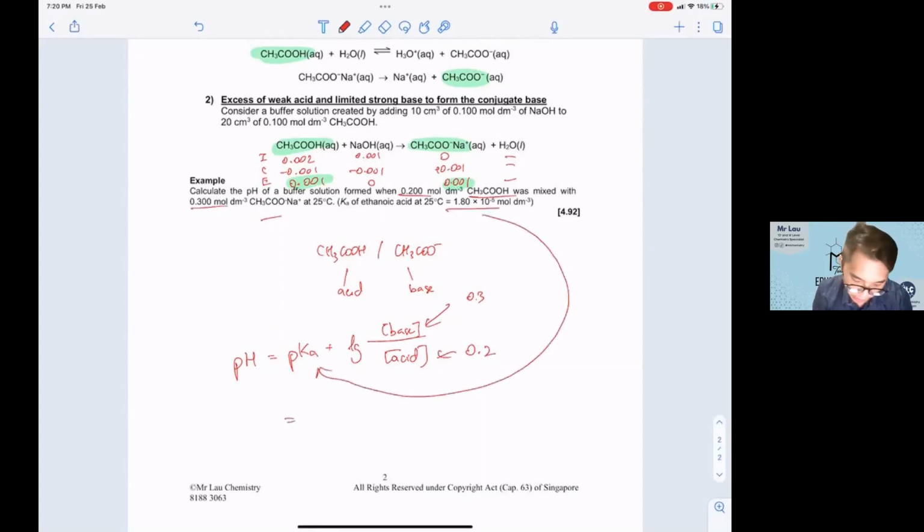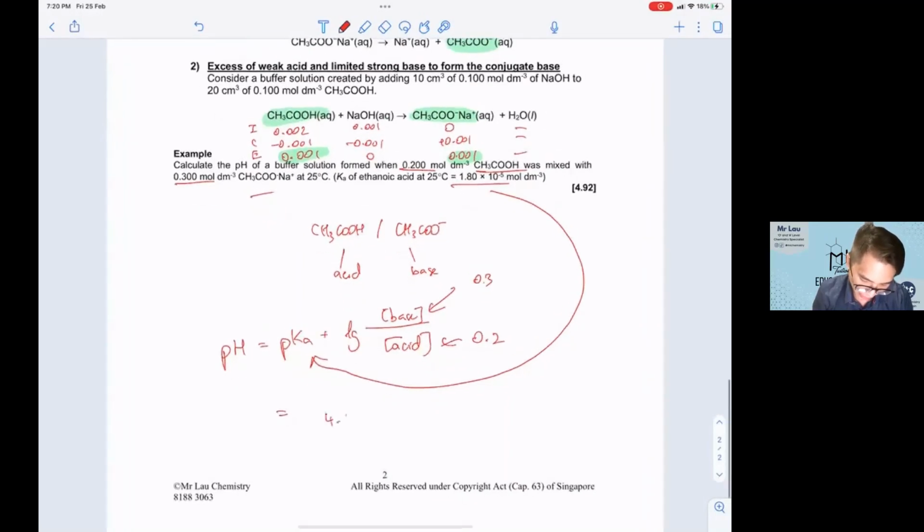Put that all into a calculator. You get 4.92 as the pH of your buffer.